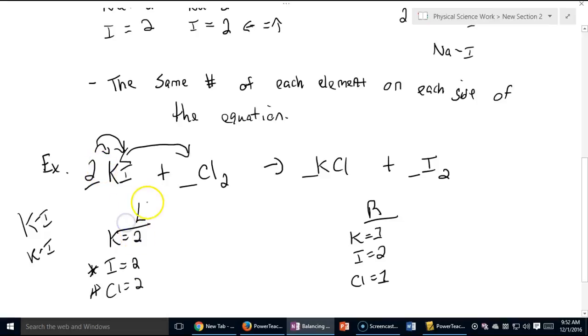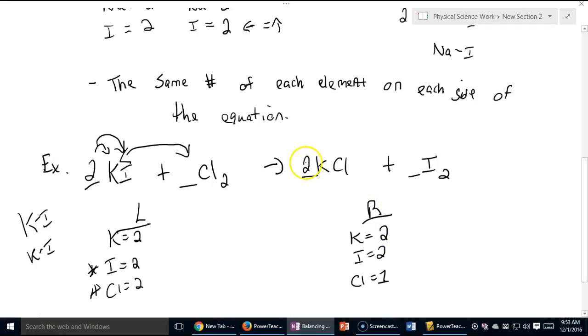Well, when I do that, now it means I've switched my K's. And normally when you have something that's switched because you've done something, like we put the 2 here, I would go ahead and try to fix it. So try to fix K on both sides. I had K on the left twice, and now I have 2 K's on the right, which fixes my K's.